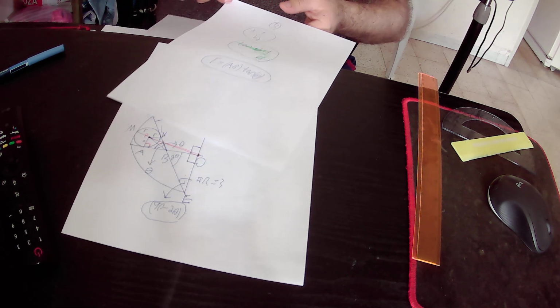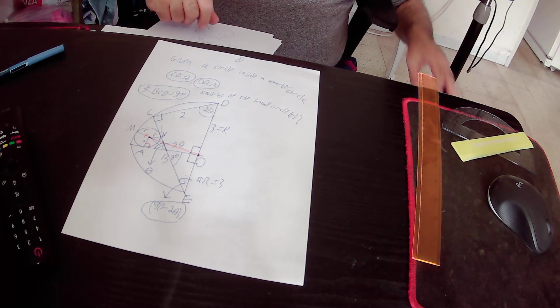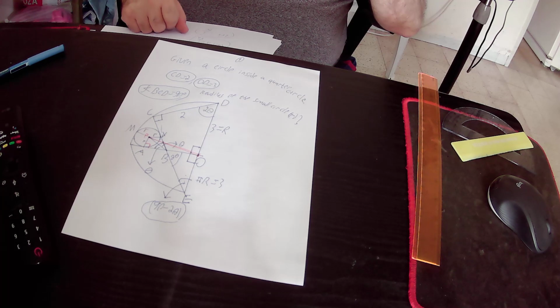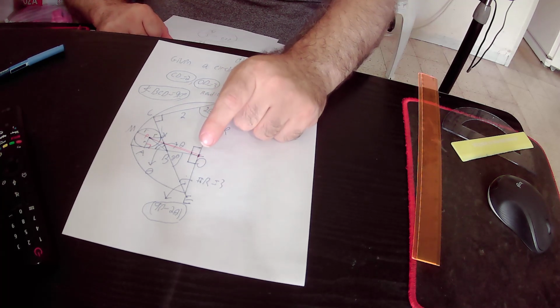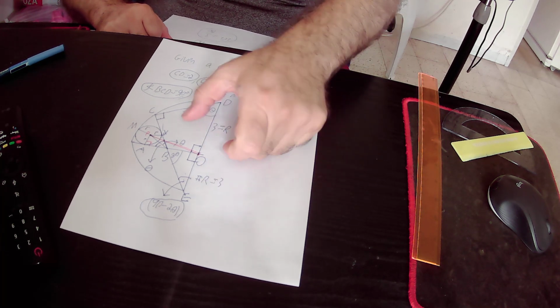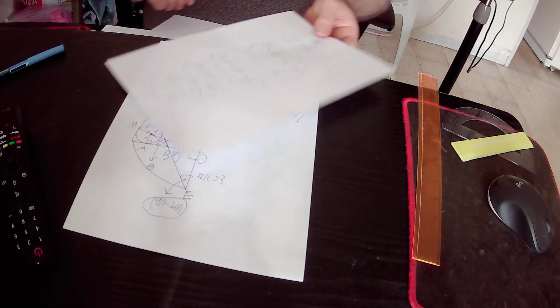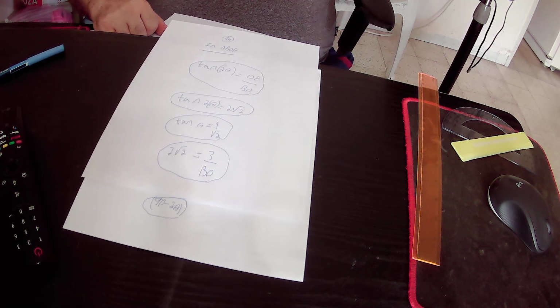So we found the value of AB in triangle BOE. In this triangle, we know that tangent 2 theta equals OE over OB, or BO.